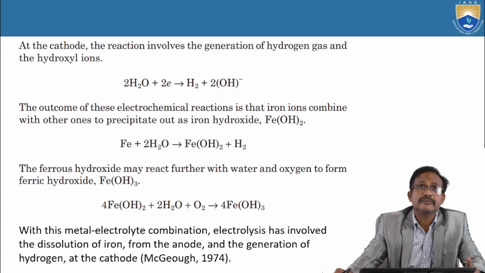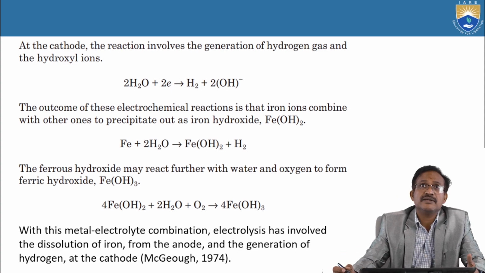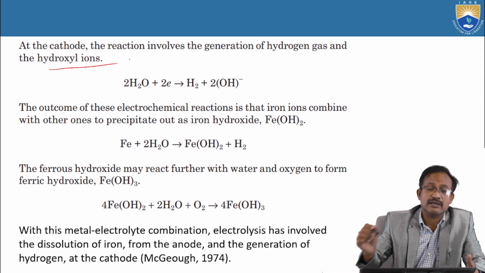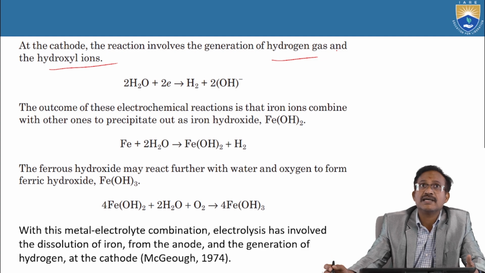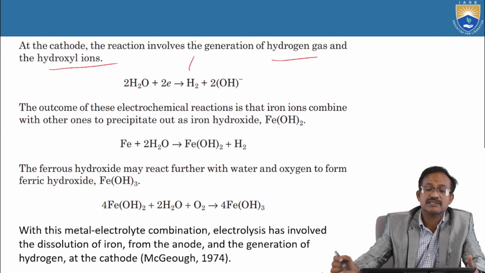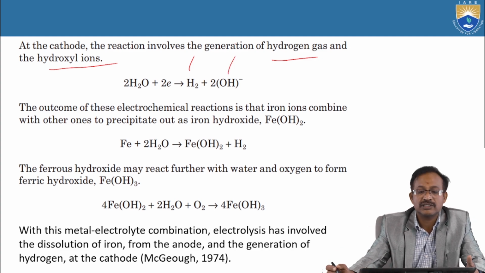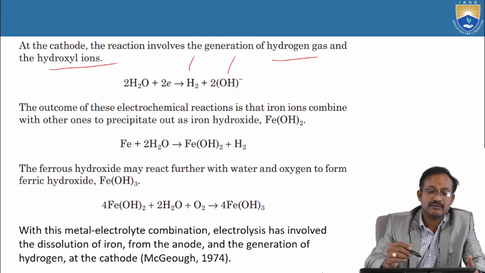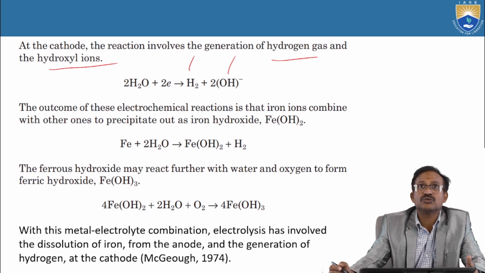At the cathode, the reaction involves the generation of hydrogen gas and hydroxyl ions. So when water plus 2e-, that is 2 electrons, gives rise to hydrogen gas plus 2OH-, hydroxyl ions.